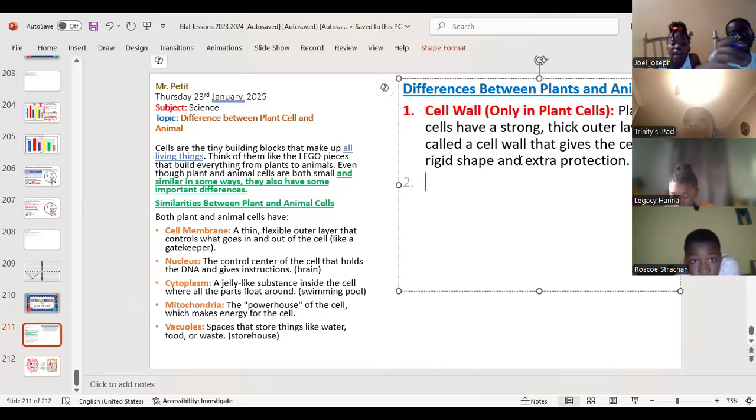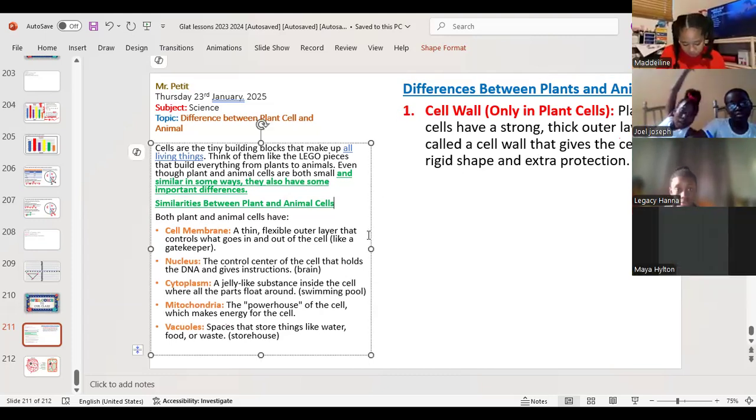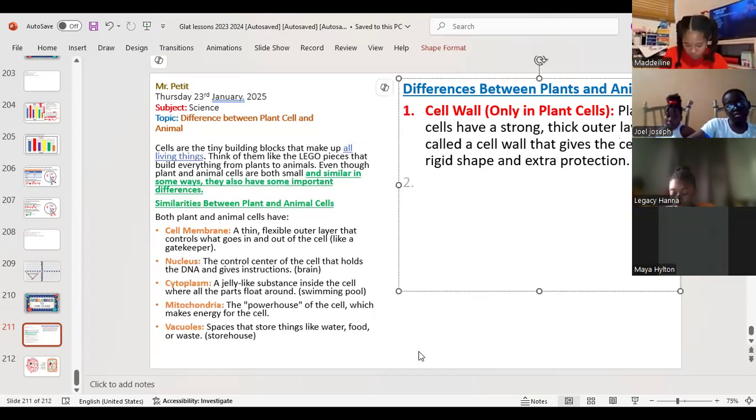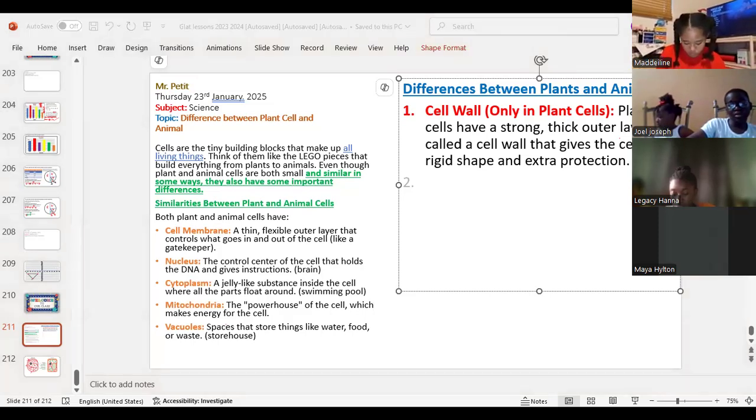The cell wall. Who has a cell wall and who doesn't? Plant cells have a cell wall. Very good. Animal cells do not have a cell wall. They just have a cell membrane.